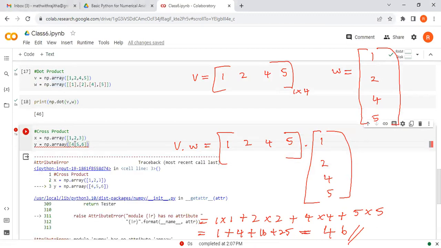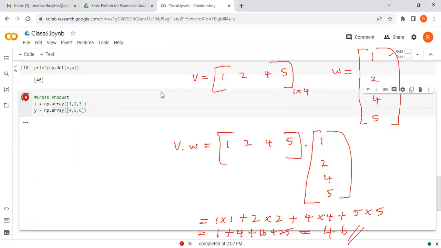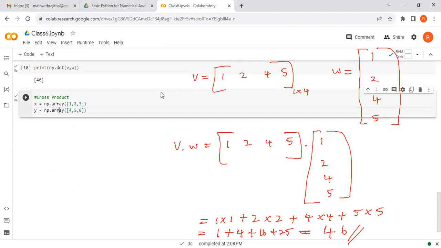Okay, I made a mistake. What did I do? Module NumPy has array. Okay, we have defined my two vectors.